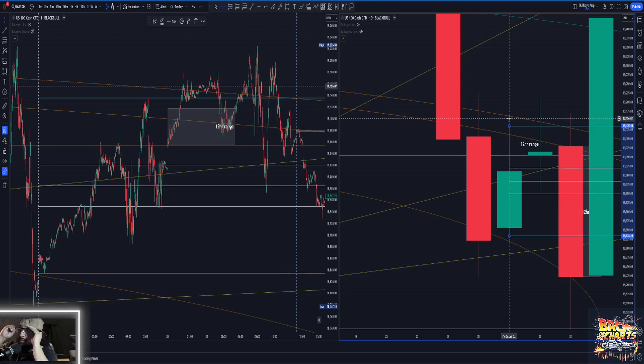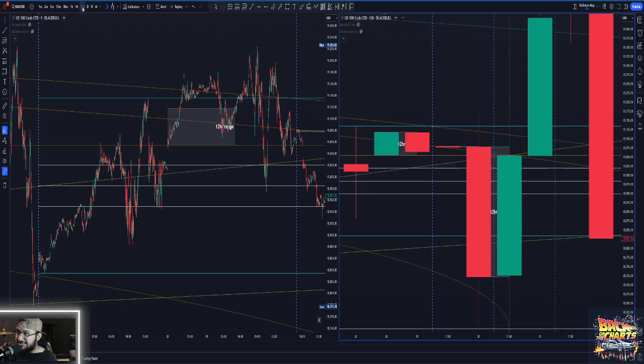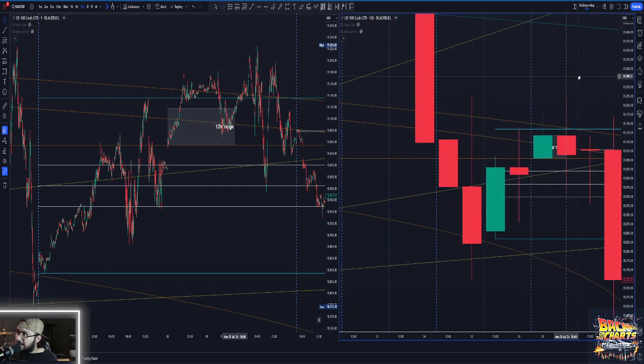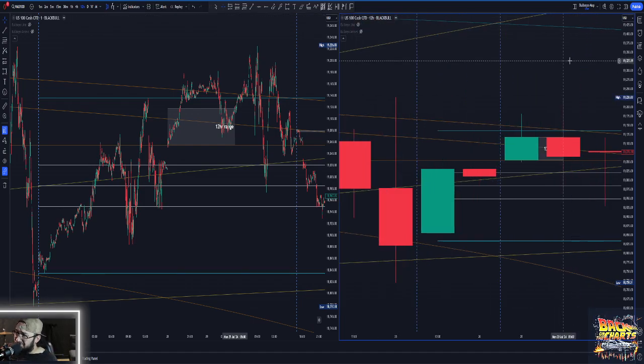All right. Once we do that, then I want to go to the 12-hour range. This is top-down analysis. So we start from the daily, top down to 12-hour. Well, there's two 12-hour candles in the day.